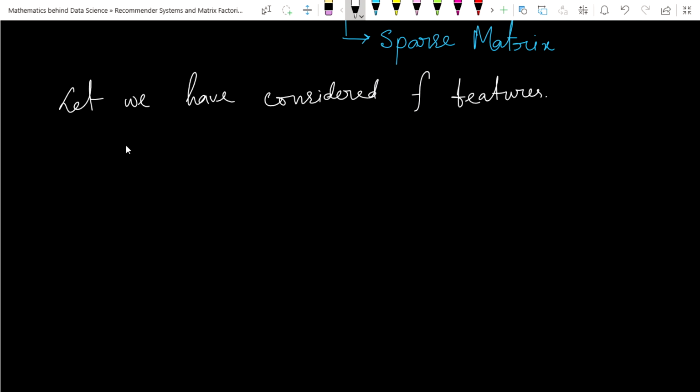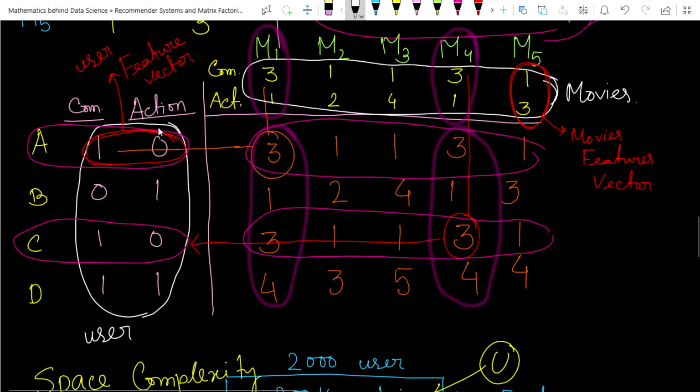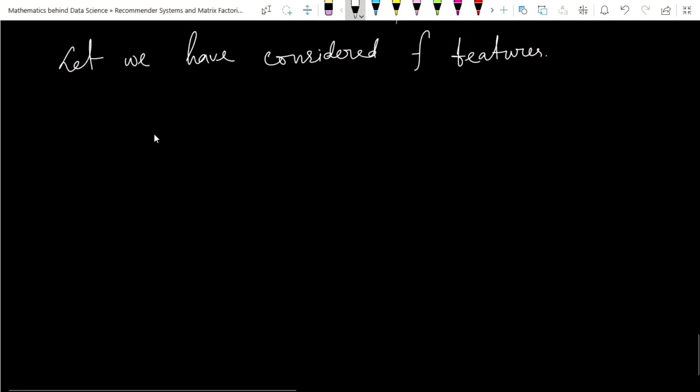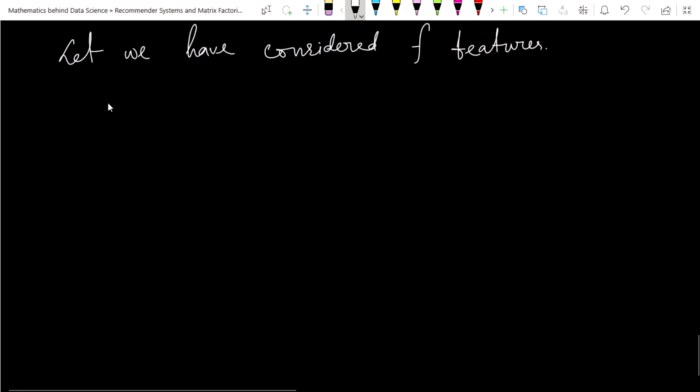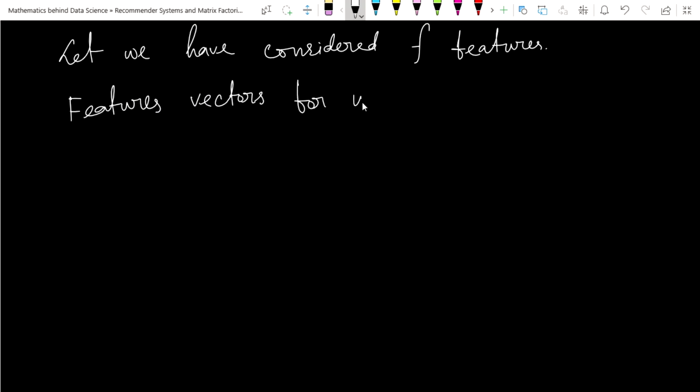The features vector for user u is p_u, and it belongs to R^f since we have considered f features.